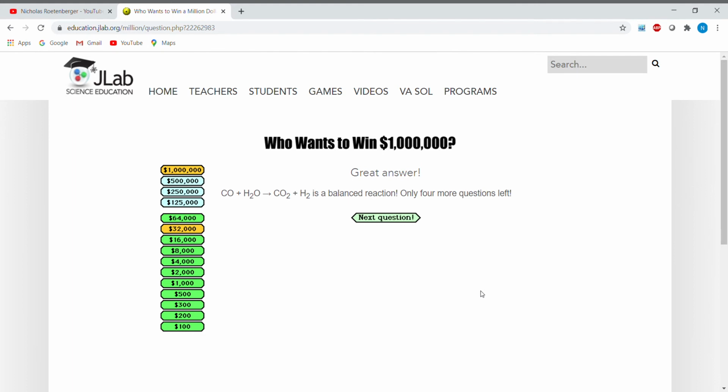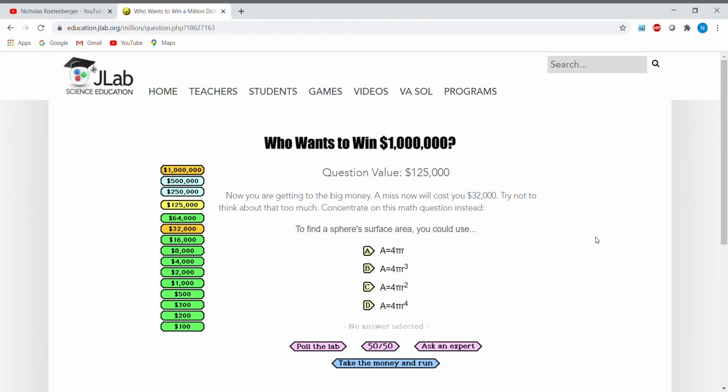Alright, this is for $125,000. To find the sphere's surface area, you should use A equals 4 pi r, A equals 4 pi r cubed, A equals 4 pi r squared, or A equals 4 pi r quadruple. I think I know. What's 50-50?